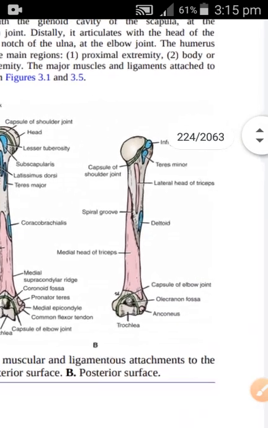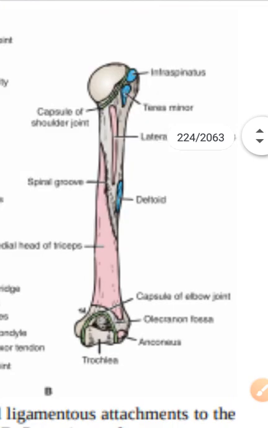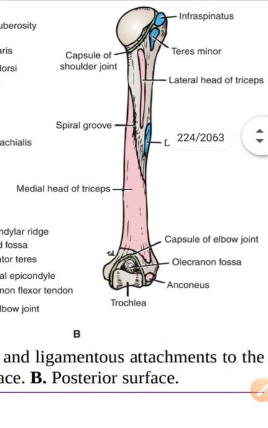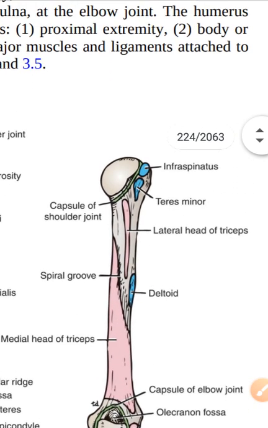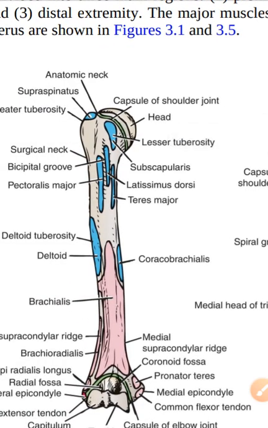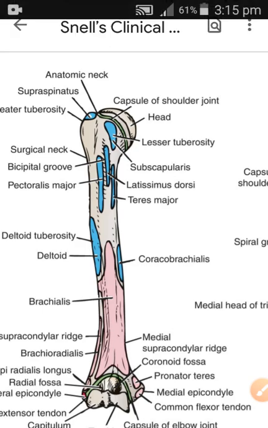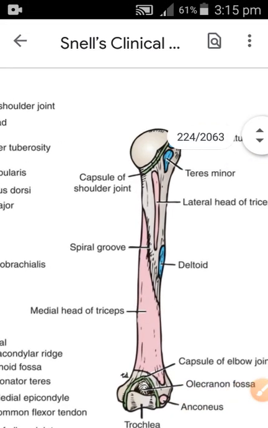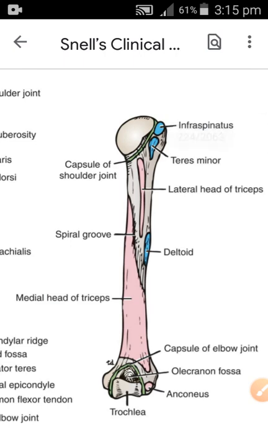Now the posterior surface of the humerus: infraspinatus and teres minor, which are the rotator cuff muscles, are attached on the posterior surface, and the supraspinatus muscle is attached on the anterior surface of the greater tuberosity.